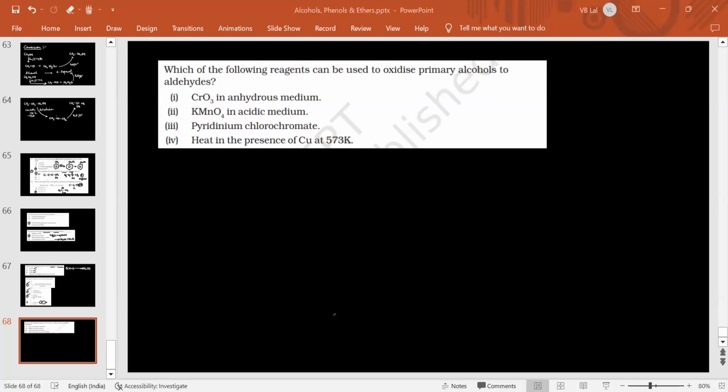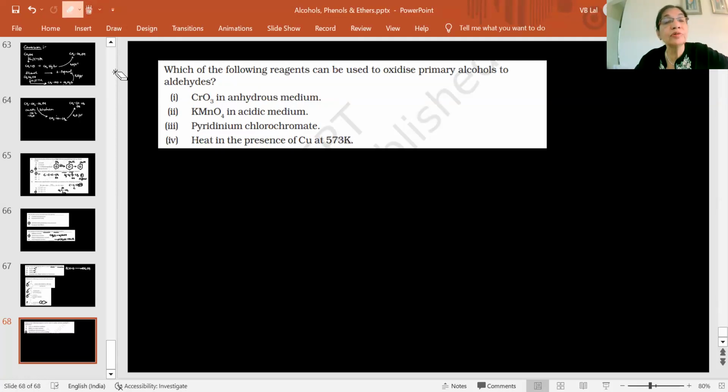Miss, other than option 2, everything will give, Miss. Yes. Other than option 2, no. Option 2 also. So heat in presence of copper. This is other than option 4. No, option 4 also gives.